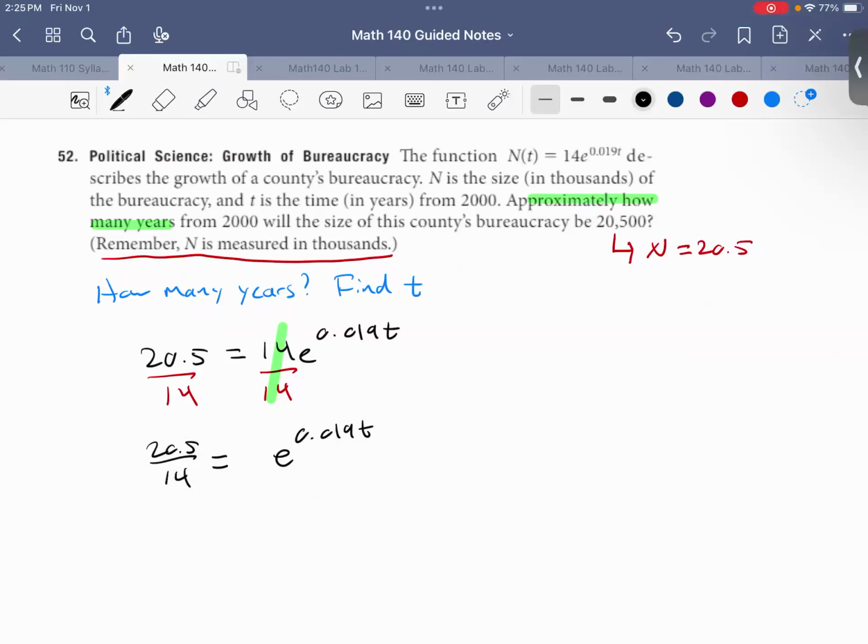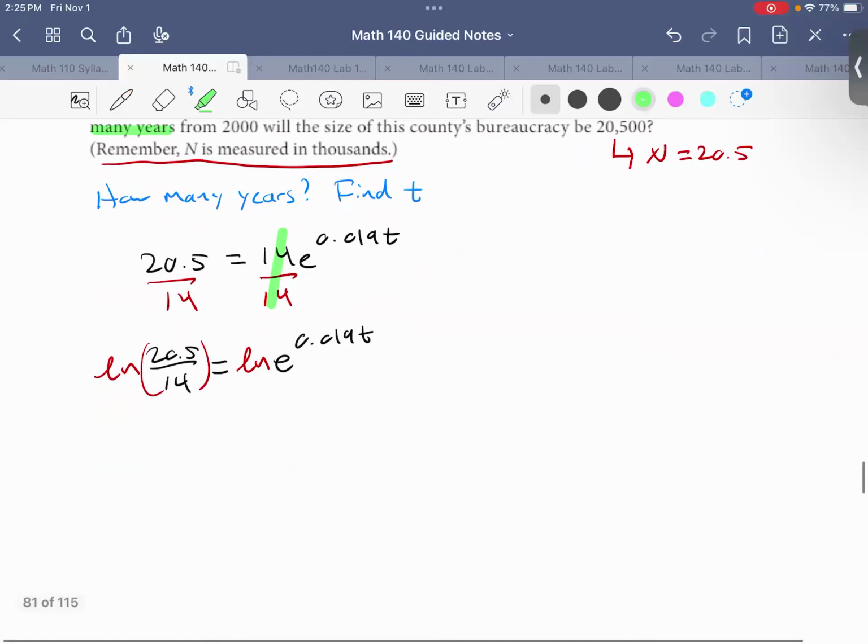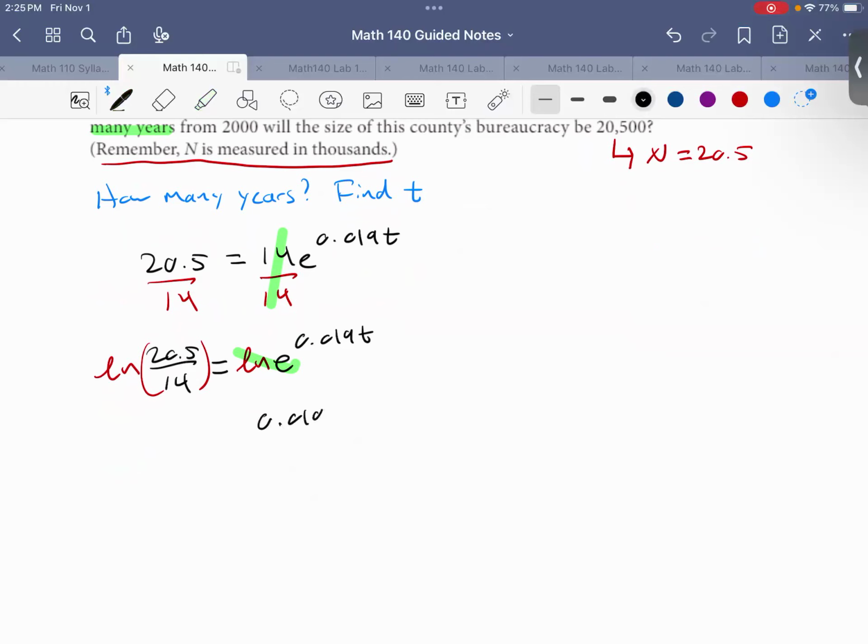But now what I need to do is take the natural log of both sides. Natural log and natural log. So what happens here is natural log and the base e cancel out, and what I'm left with is 0.019t equals natural log of 20.5 over 14. Let me rewrite that.